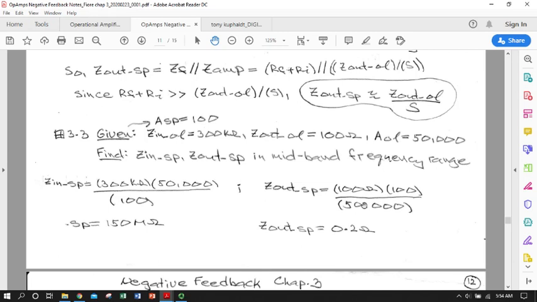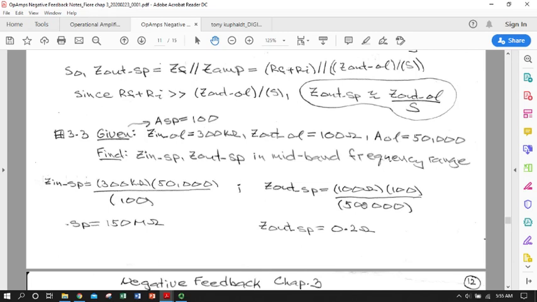Just to walk through one of the limits: even though you're going to extend, say, the midband frequency by using that negative feedback, eventually you're going to get to the point where that doesn't apply anymore. We start applying our sacrifice factor to a lower and lower open loop gain as we get further and further away from the midband, going to high frequencies, and that relationship is no longer valid. So be cautious if you're operating like 5 decades beyond the midband.